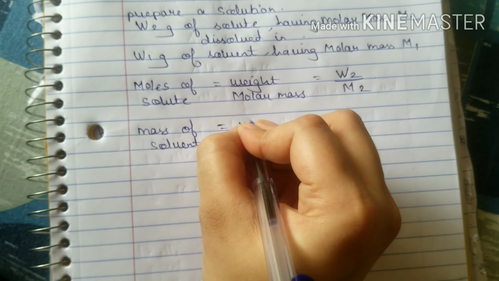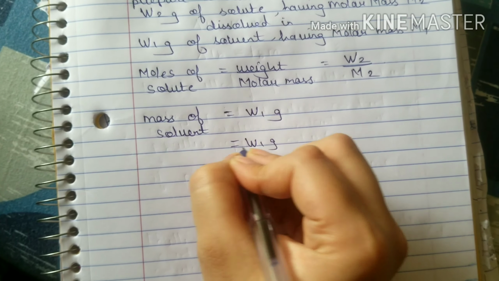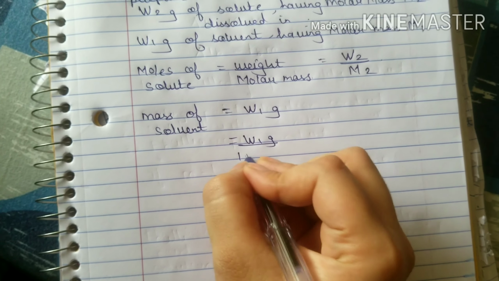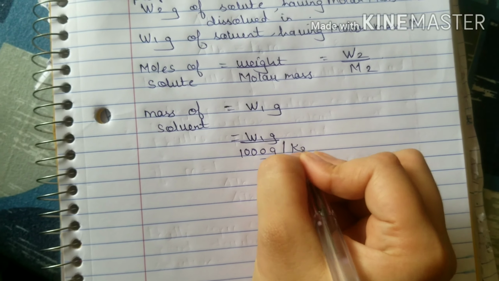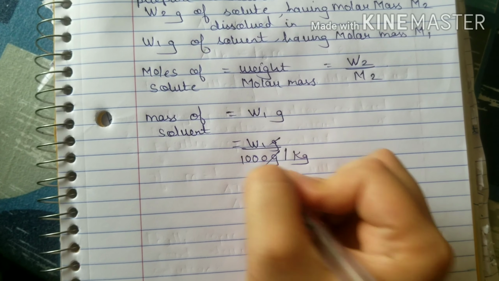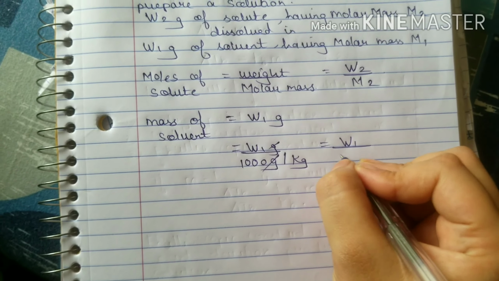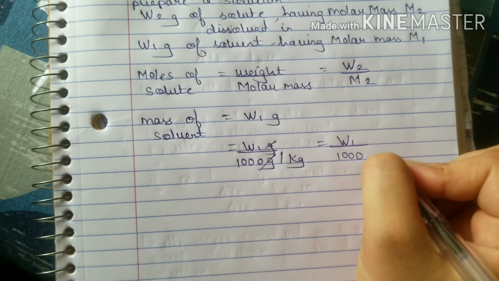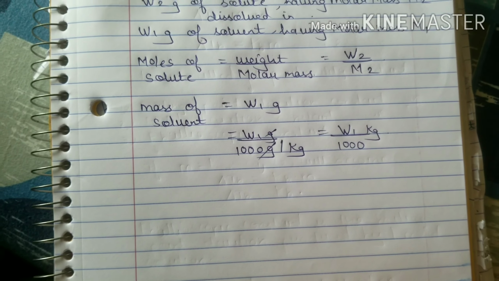We already know it is W1 gram. Because we need to calculate in kgs, we are going to take it as 1000 grams upon kg. So I can cancel this g and g. So what are we left with? W1 upon 1000, and let the kg go up. Okay, so this is what we are left with.